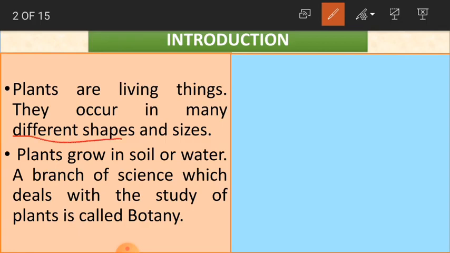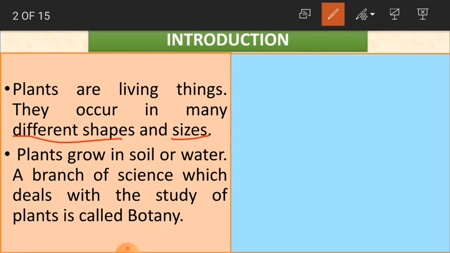Many different shapes and sizes. As I said, you will see different types of plants. A small plant, a big plant. Every plant is different from the other one. Even we are. Some of us are boys, some of us are girls. Some are tall, some are short.